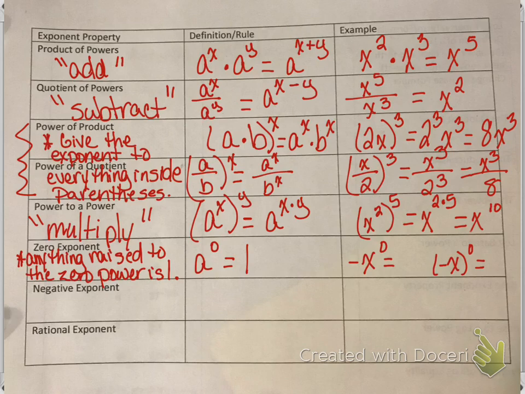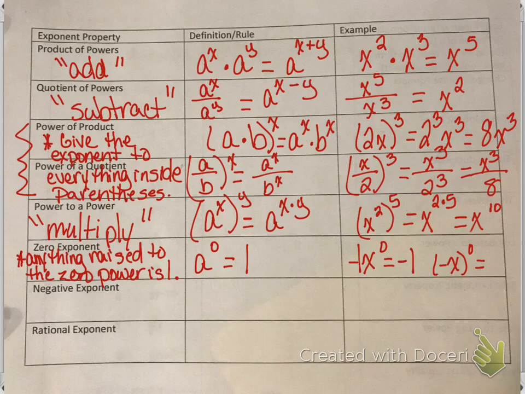It's negative 1. So that negative is not raised to the 0 power in my first example. The only thing that's being raised to the 0 power is the x. You can think of this as negative 1 times x to the 0 power, so it's negative 1.